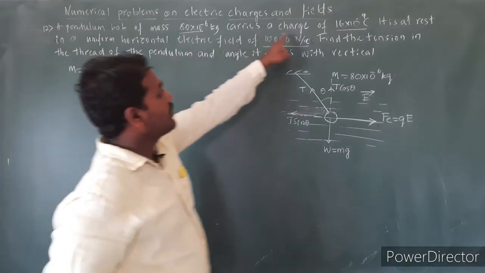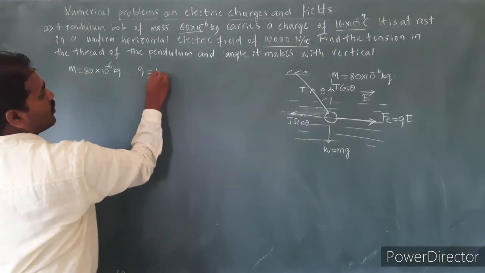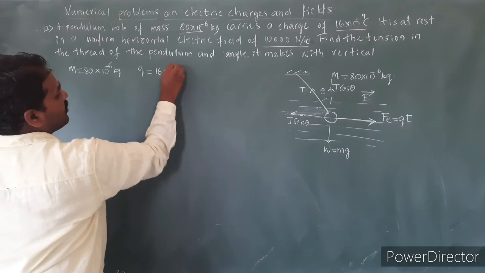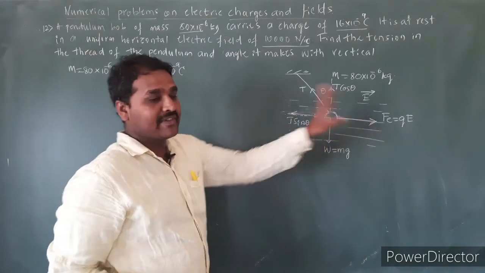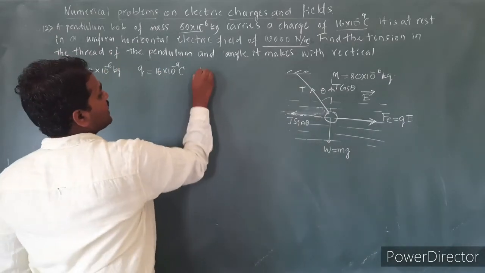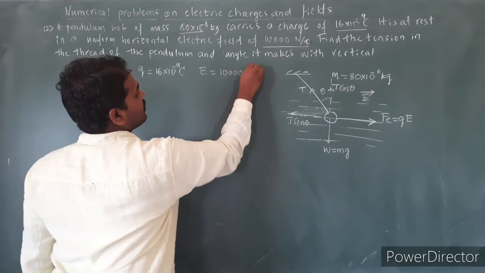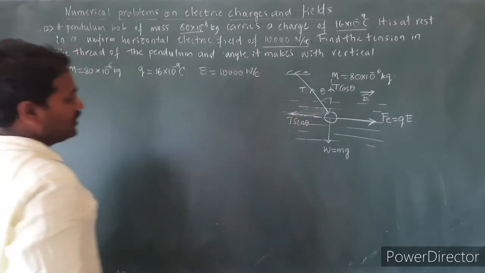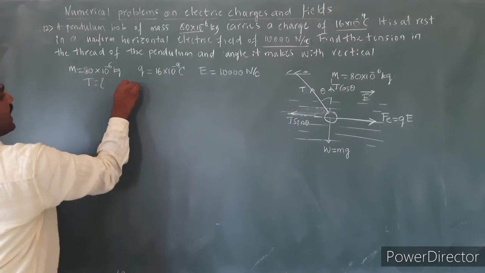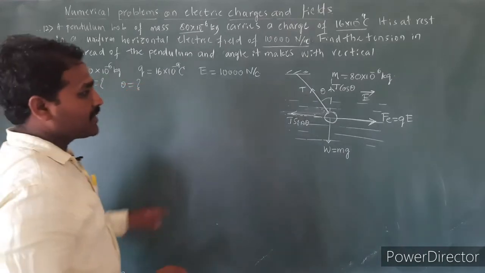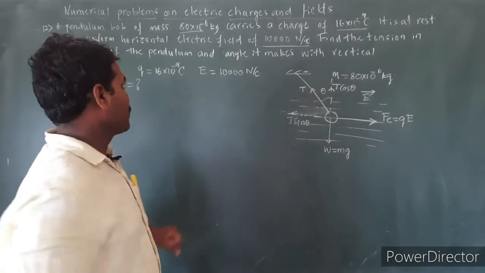Then they have given the charge of the pendulum, let me call this Q. Q is equal to 16 into 10 to the power of minus 9 coulomb. And the magnitude of the electric field in which the pendulum is placed is 10,000 Newton per coulomb. I have to find the magnitude of the tension and the angle made by the thread of the pendulum with respect to the vertical, that is theta.